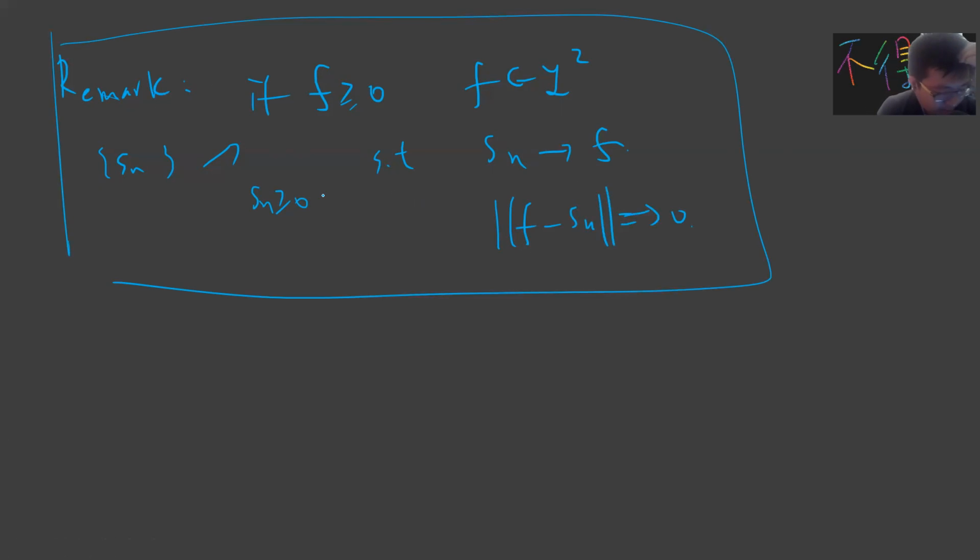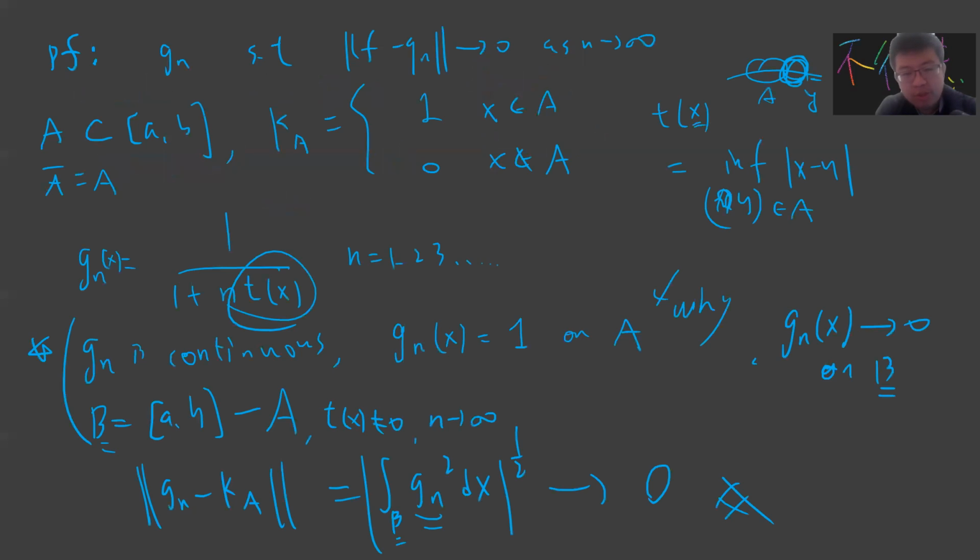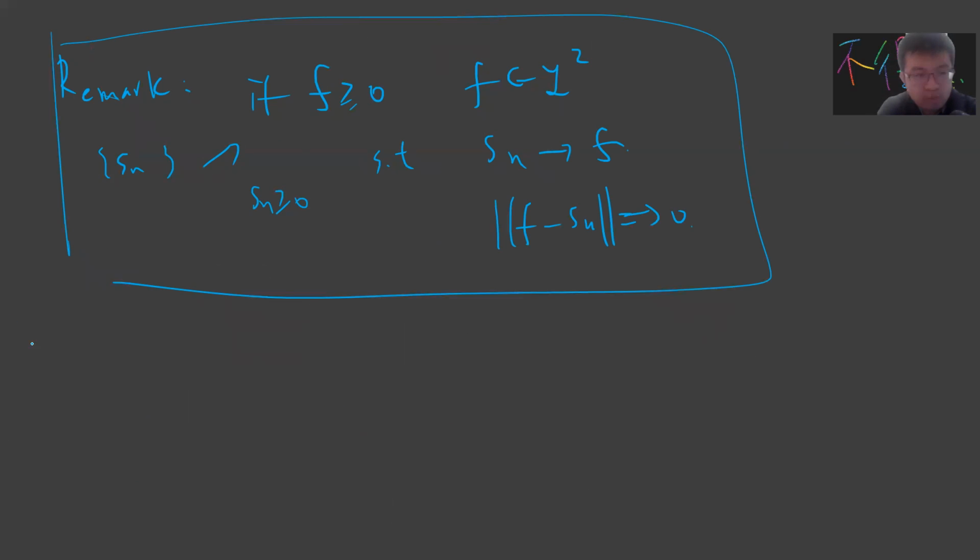So remember what we have proved. What we prove is that the characteristic function can be approximated by continuous functions. And the simple function is the linear combination of the characteristic functions, right?